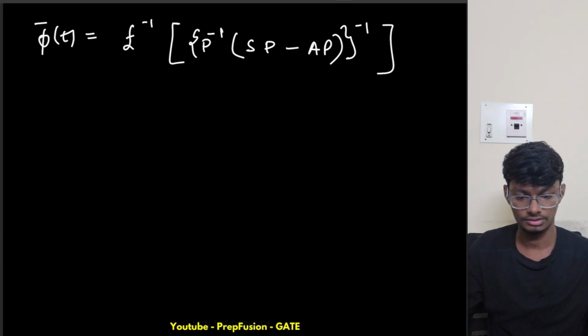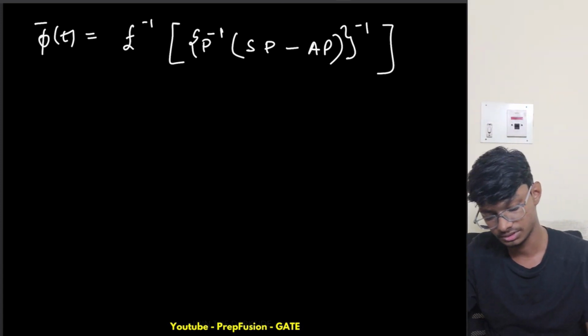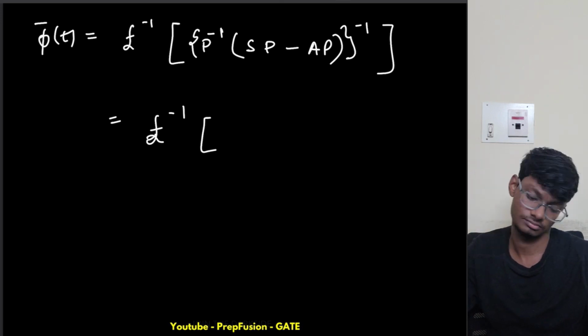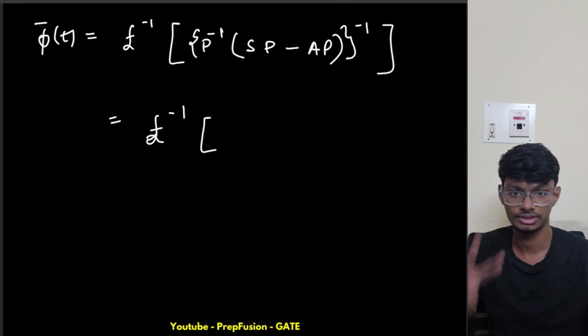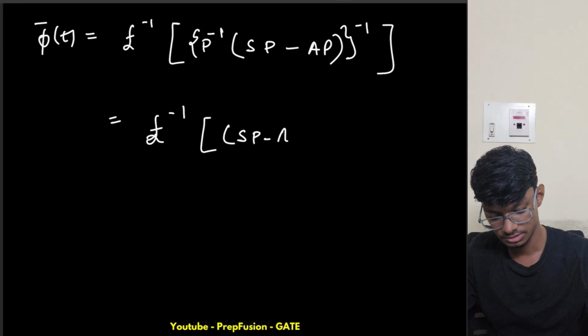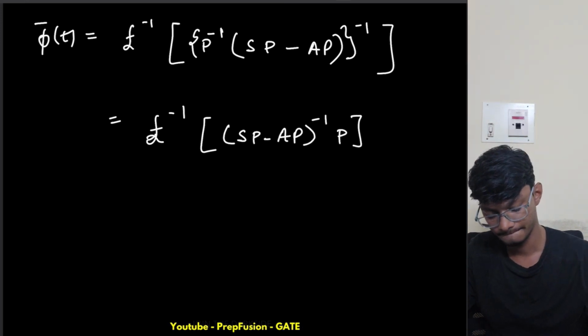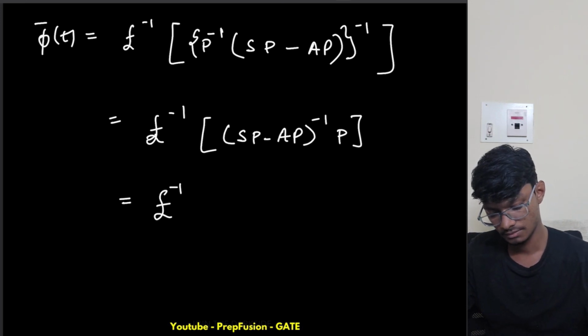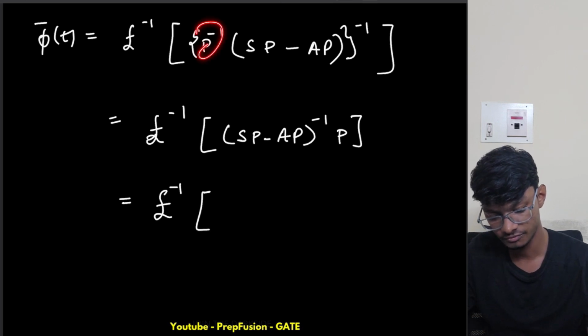Now if I do the post common, first let me do this one. This is the Laplace inverse of, again I will use the inverse property of two matrices. So this will become (sP minus AP) inverse, where P inverse of inverse is P only.